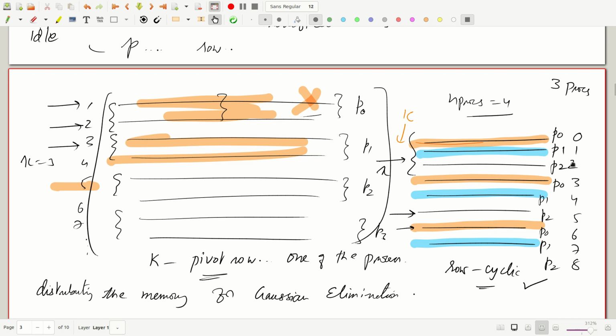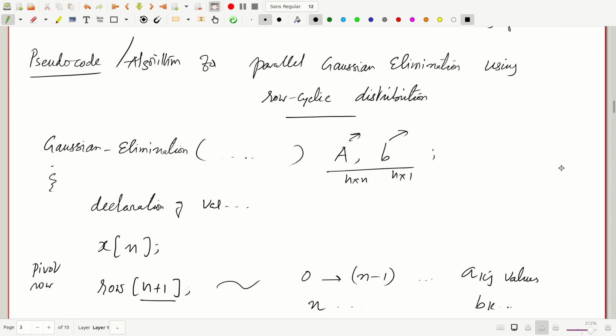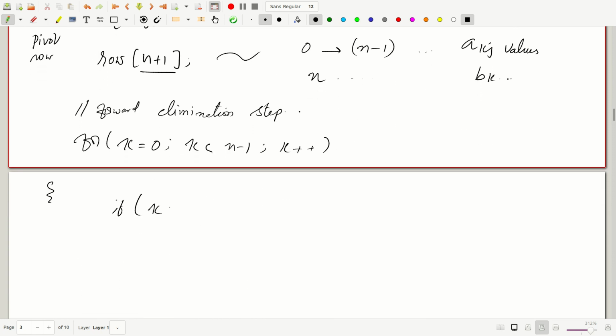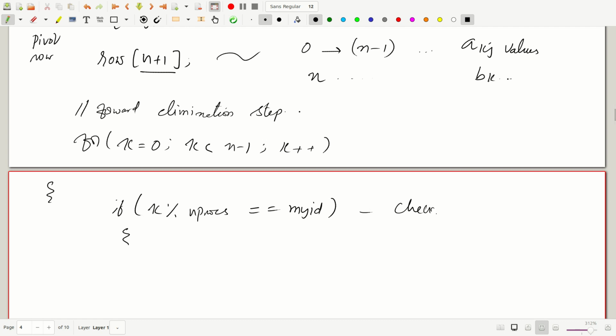For that we need to divide k by the number of processes that we have, which in this case happens to be 3, and then see if the remainder is 0, 1, 2 and so on. Then we can say whether the row belongs to a particular process. So I calculate the remainder of k using the number of processes, and if this is the same as your process ID, then that particular process has the pivot row.